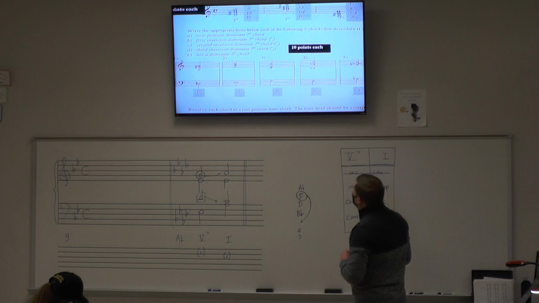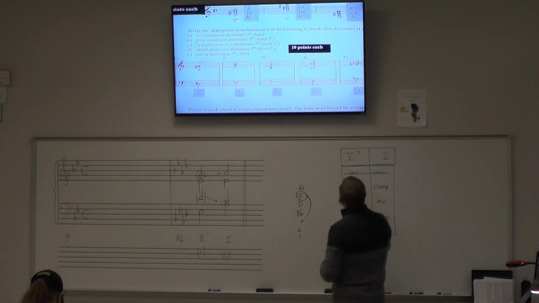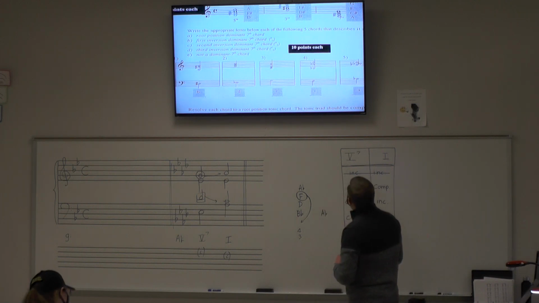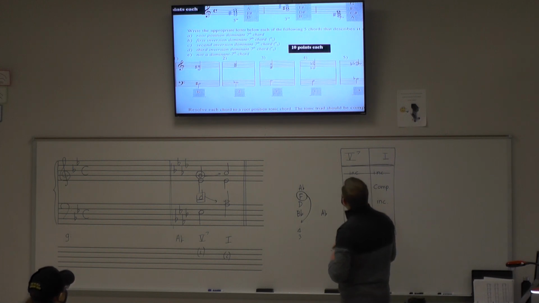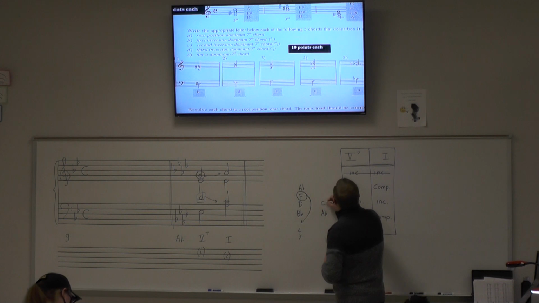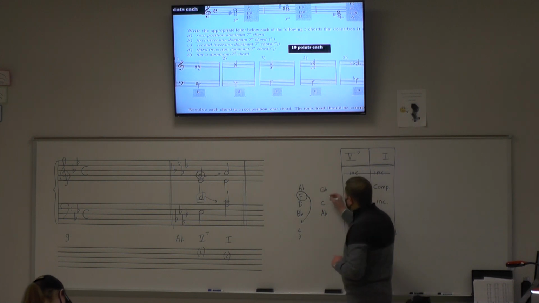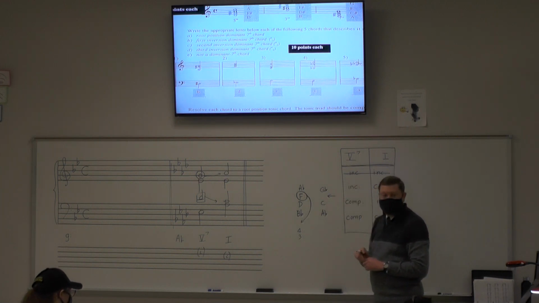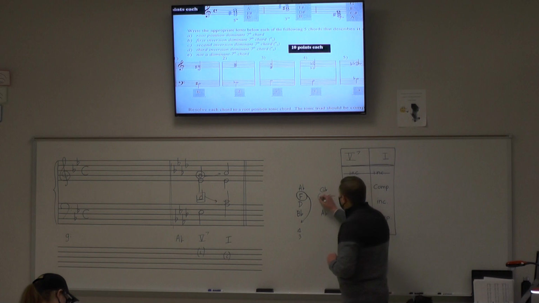So then number 5 has to be a root position dominant seventh chord. This one is just a little tricky, but it's not too bad. We actually only have 3 pitches, I think, here, right? We have an A flat, which is doubled. We have a C, and we have a G flat. So what's the tone that's missing out of this dominant seventh chord? The E flat, right? So we don't have that.